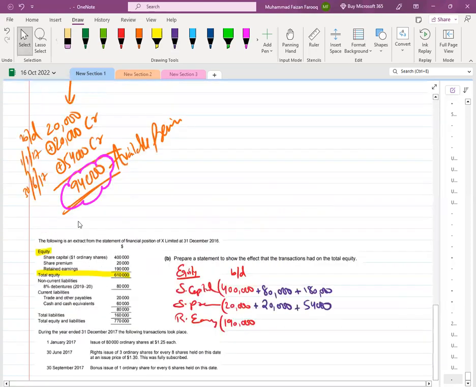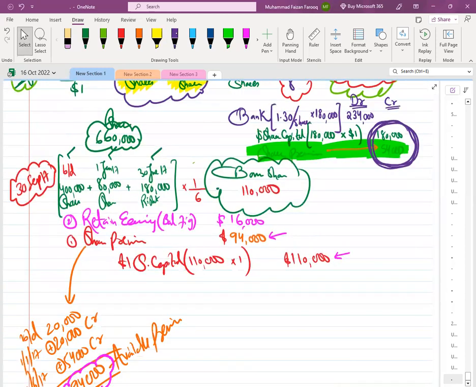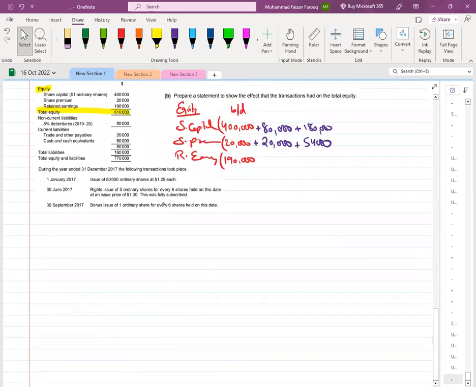And then we have the third entry. Here it is. Share capital credit. Capital is an equity. Equity increases on credit side. Share capital credit means it's increasing.